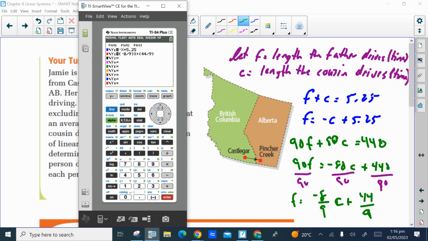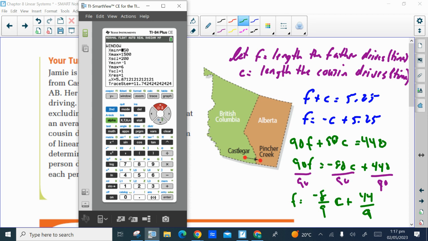Now, if I look at these two equations, the first one has a y-intercept of 5.25. The second one has a y-intercept of 44 over 9, which is just around 5 as well. So if I look at my windows, my y max only has to go up to something a little greater than 5. So I'm going to put my y minimum at negative 1, my y maximum at 6, and my scale at 1. Okay? My x values don't need to be this large either, right?